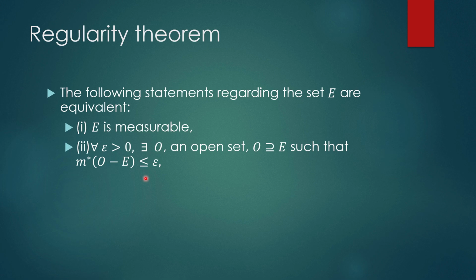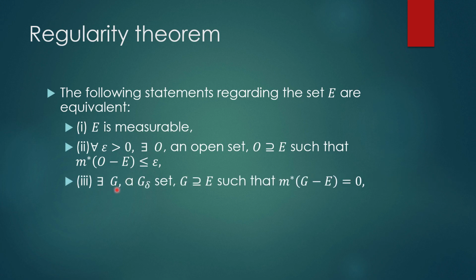Statement three: there exists a G delta set G that is a superset of E such that the outer measure of G difference E is exactly equal to 0.